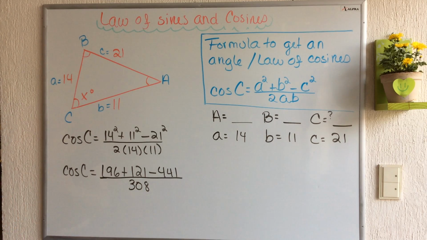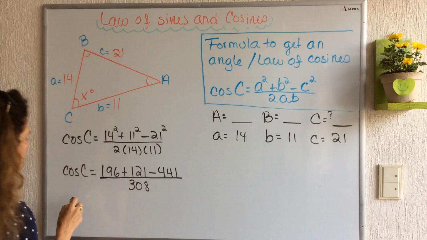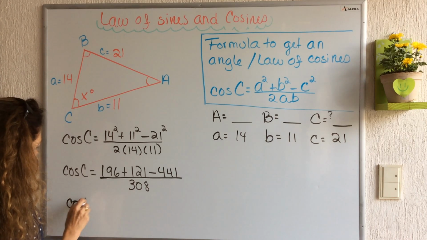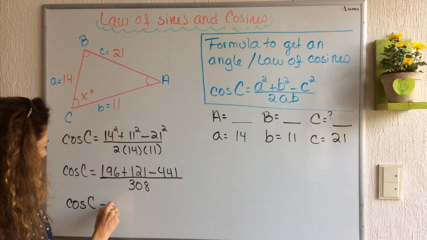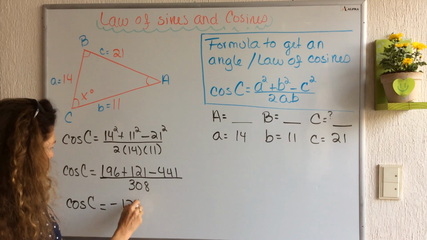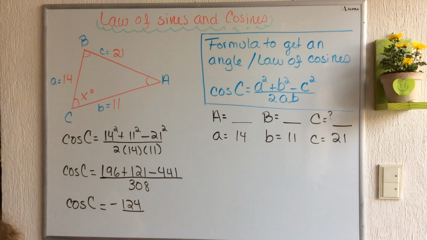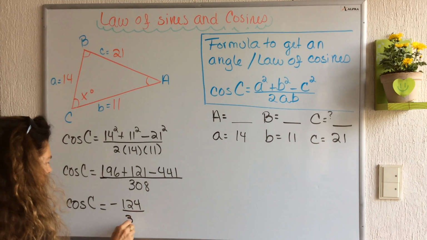Okay, let's continue solving. And we're going to get minus 124. This is the cosine of C equals minus 124 over 308.